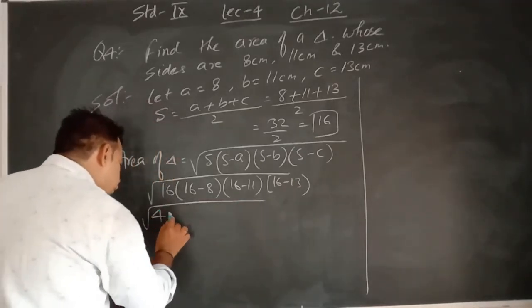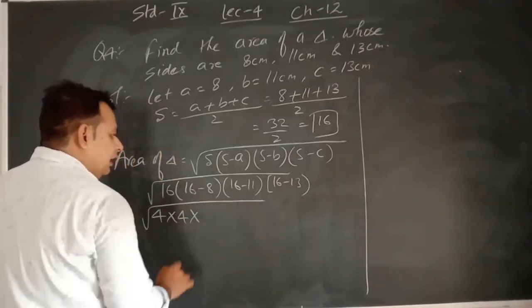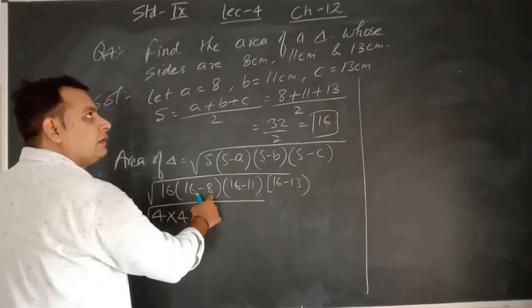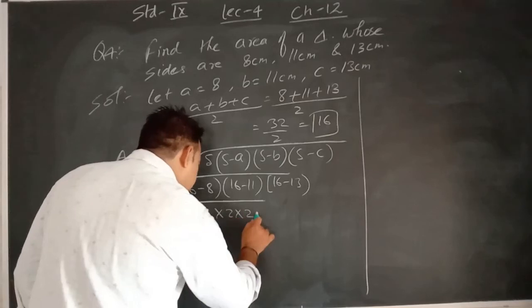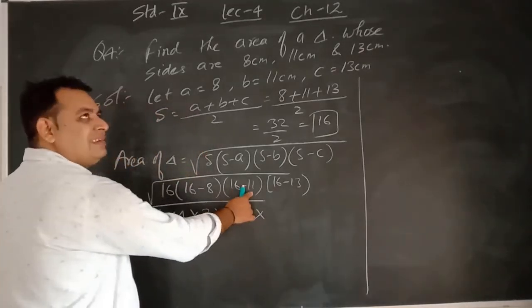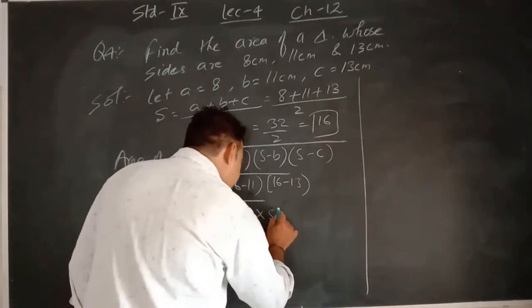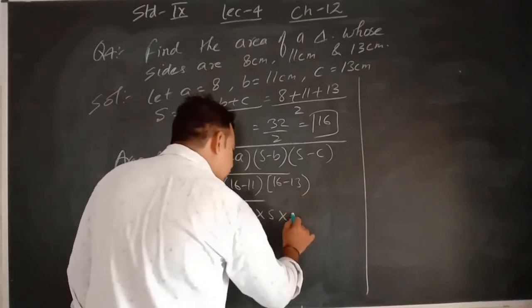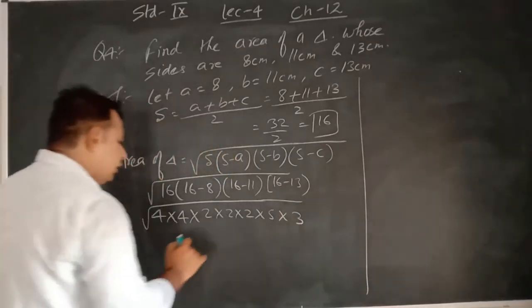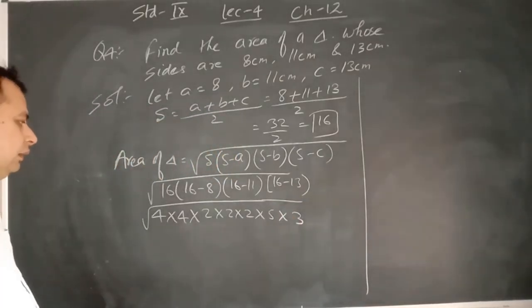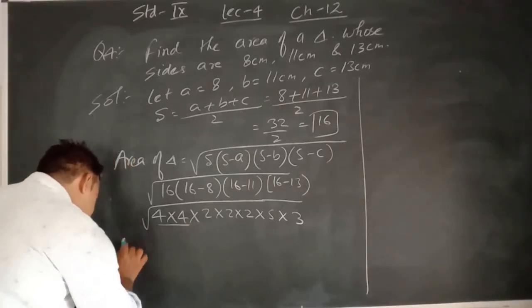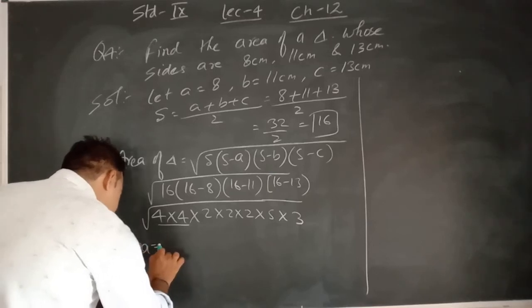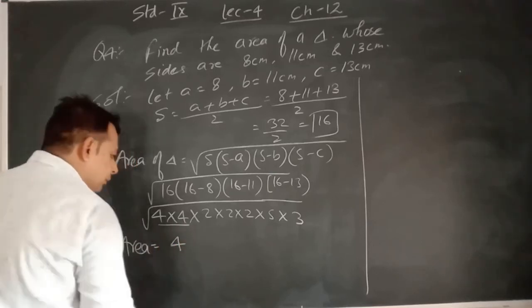16, that is 4 into 4. 16 minus 8 will be 8, that is 2 into 2 into 2. 16 minus 11 will be 5 and 16 minus 13 will be 3. Now we can clearly see, we have to form a pair. So this 4 is forming a pair, so 4 came out.